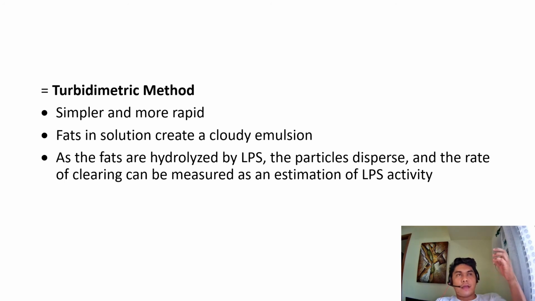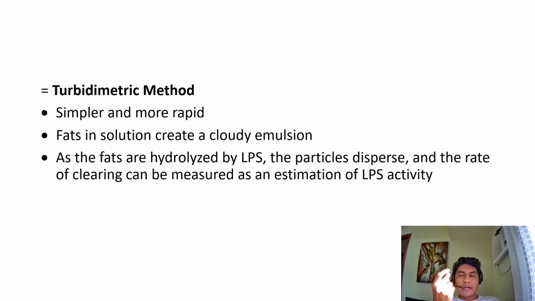So for the turbidimetric method, you need to have a solution that contains fat, and usually it's turbid or cloudy, just like your lipemic sample. A lipemic sample is cloudy. So you're going to measure the rate of clearing of that turbid or cloudy solution.